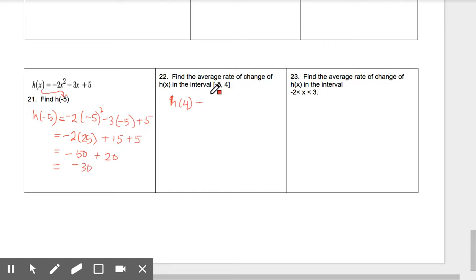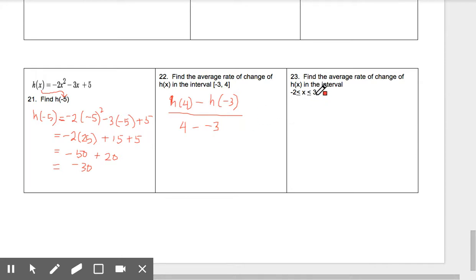Then subtract h of -3 all over 4 minus -3. Okay, and then I will not show the rest of the work. I'm expecting that you guys can do that.